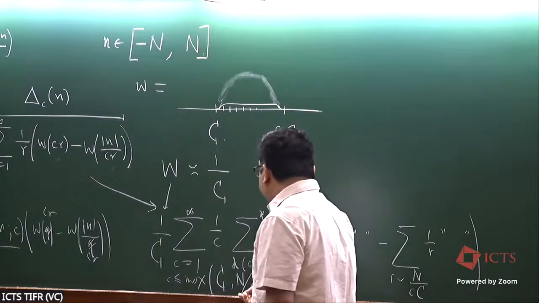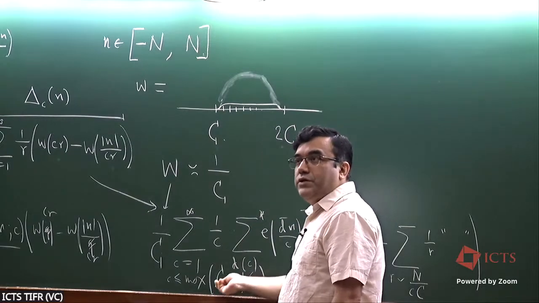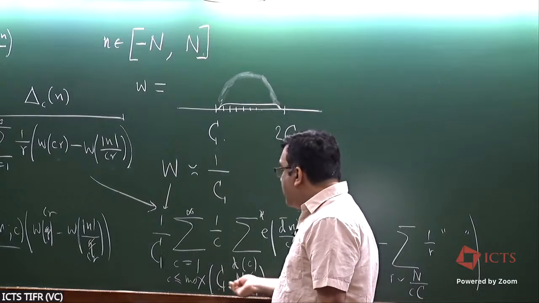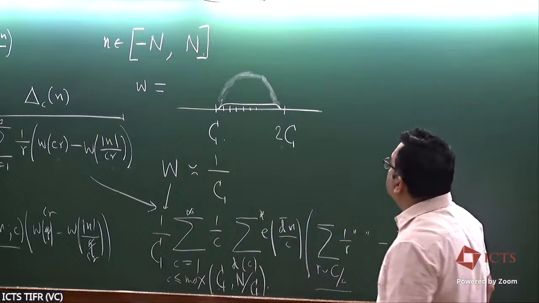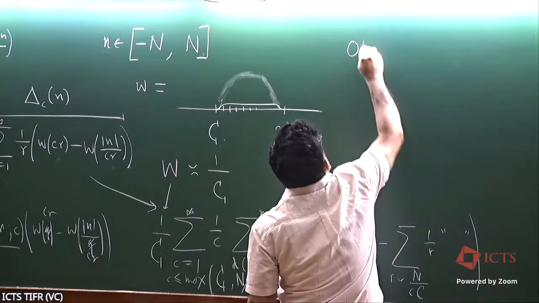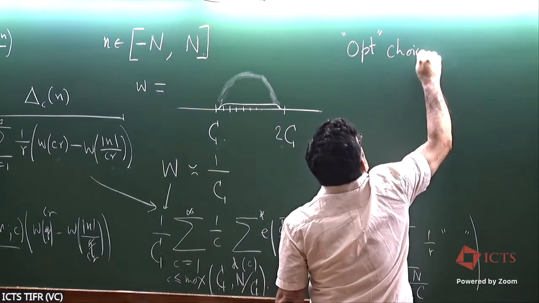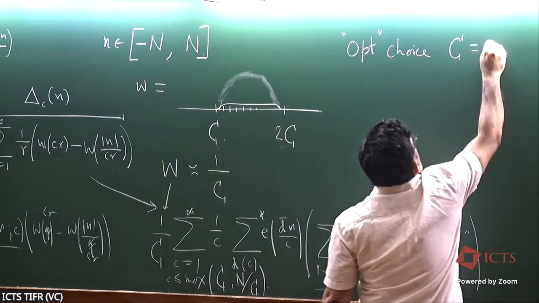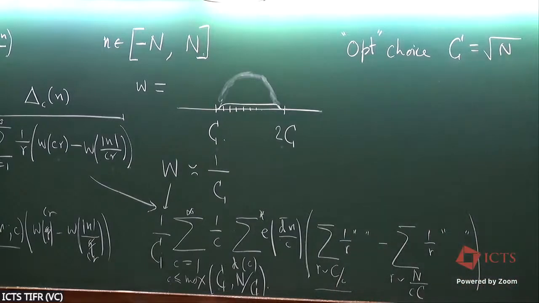And if you want to choose it optimally, you will pick C equal to N by C, or C like the square root of N. In that case, small c will go up to capital C. So my optimal choice, whatever that means, is C equals root N. I usually have a twice square root of N or something.